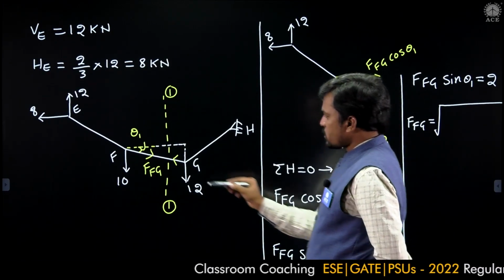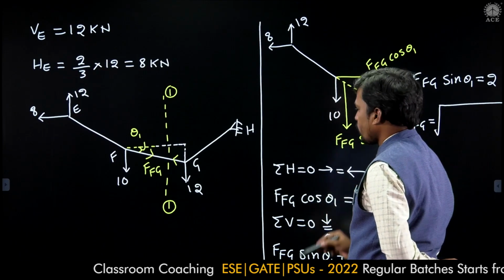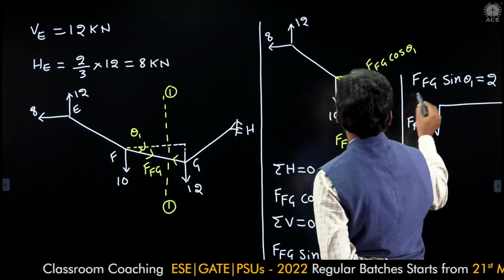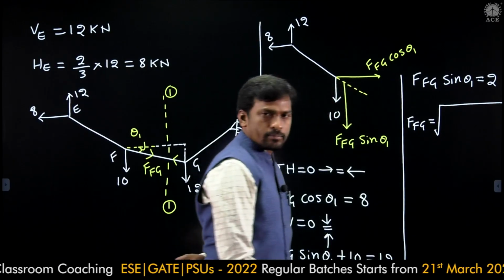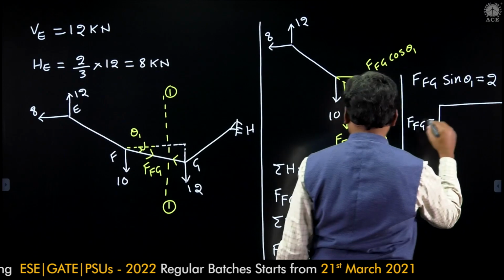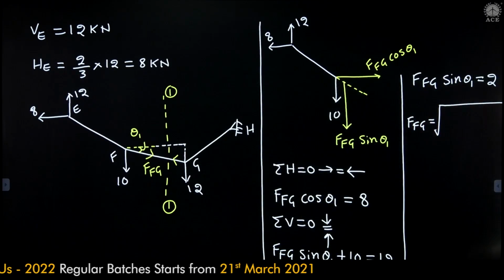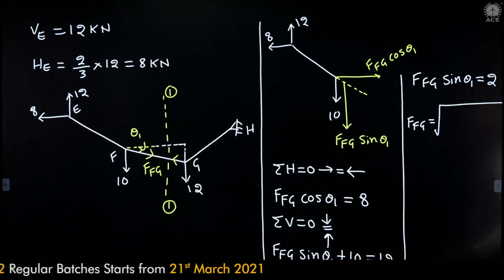So the horizontal component force is FG cos theta 1, and the vertical component force is FG sin theta 1. Here there is no space, so better to write in the next slide. First hold on this, please.